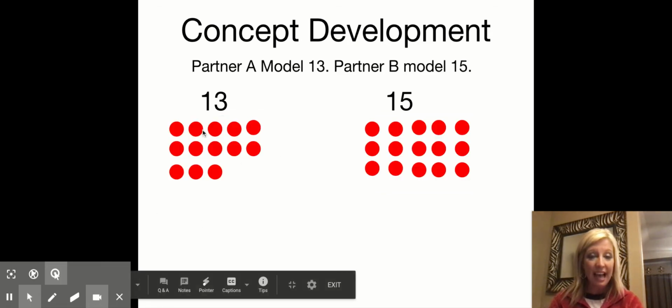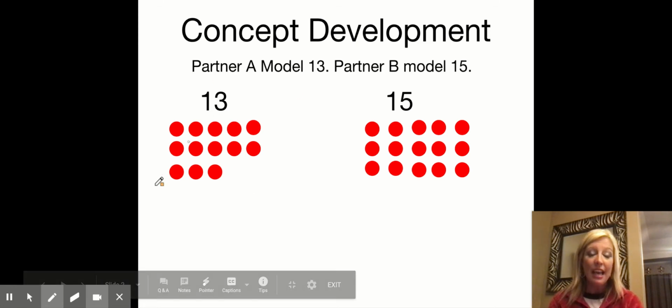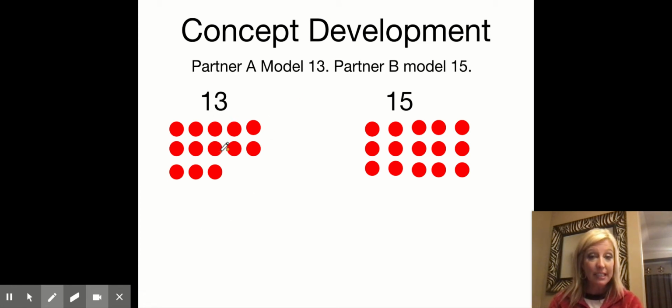All right, guys, I have my counters up here, and my 13 is representing partner A, and my 15 is representing partner B. So let's talk about some strategies, some tools we can use to compare these numbers. Some of you can look at the picture, but you know how we've been practicing the say 10 way? I want to compare these numbers starting out using the say 10 way.